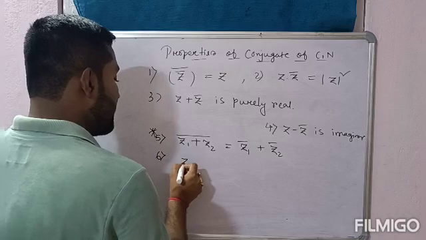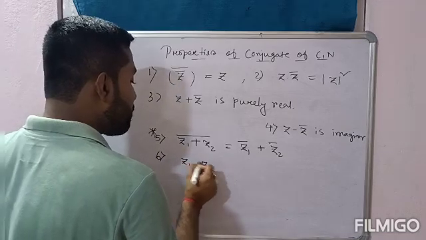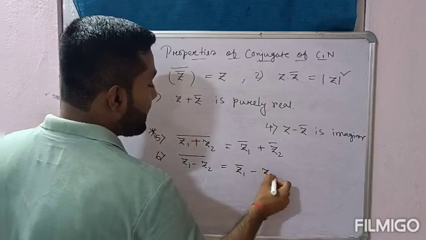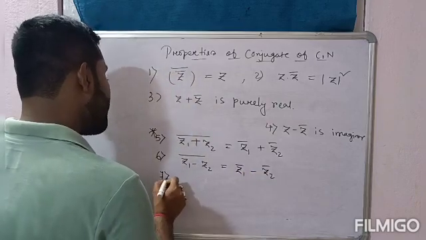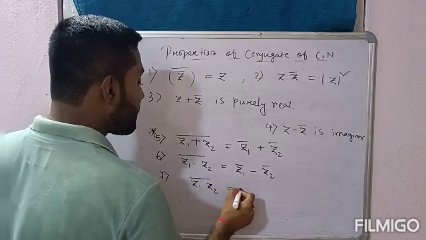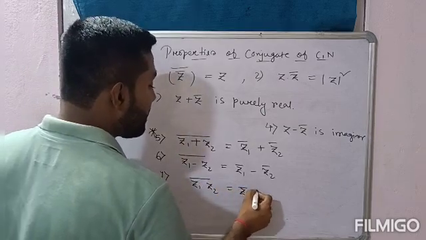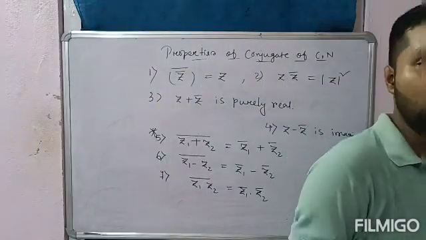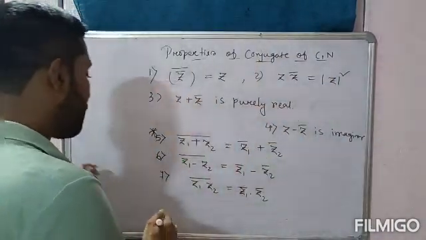Number 6, Z1 minus Z2 whole bar, which is equal to Z1 bar minus Z2 bar. Number 7, Z1 into Z2 whole bar, this is equal to Z1 bar into Z2 bar. These are the properties which we can use in objective. बार बार मैं यही चीज बता रहा हूं.